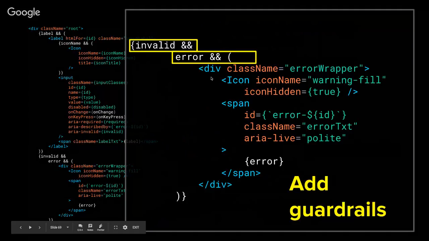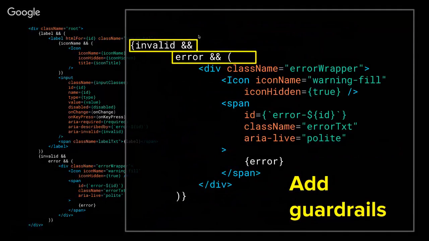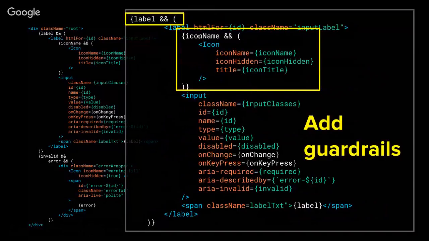Also, if the developer wants to pass in an icon in here and forgets to pass in that icon name, this will not render unless the icon name was passed into the component. Those are our guardrails.